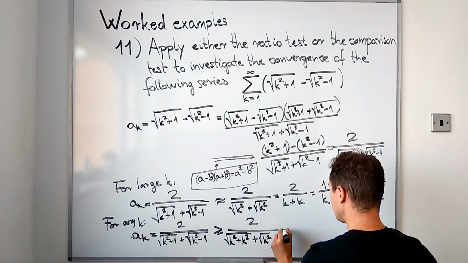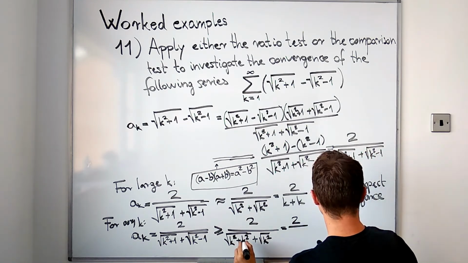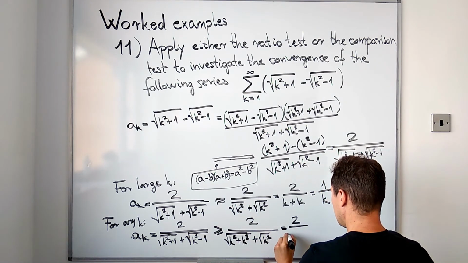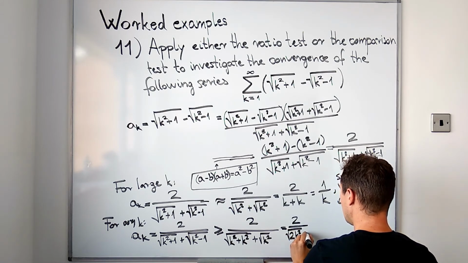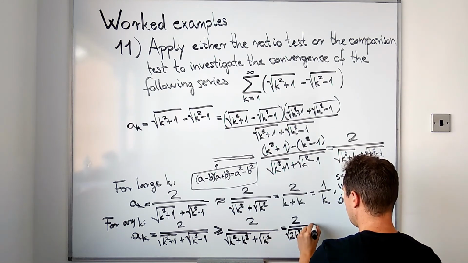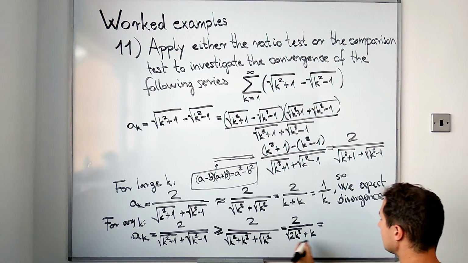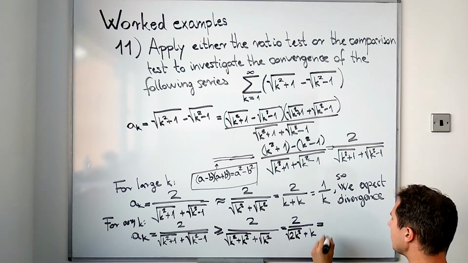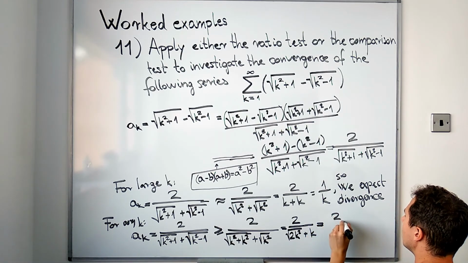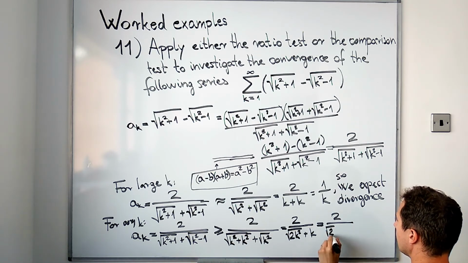So let's look at this expression. That's 2 divided by the square root of 2k squared plus k. The square root of 2k squared can be written as root 2 times k.